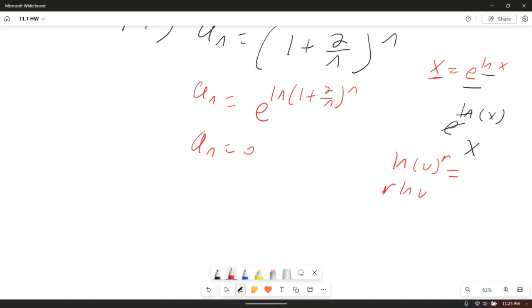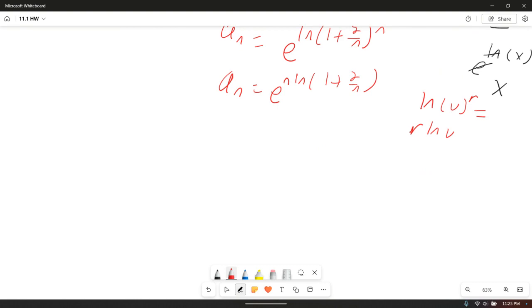So then this equals e to the n ln of (1 plus 2 over n). Now we're getting somewhere. And then we could take the limit as n approaches infinity of this function to figure out if it converges or diverges.